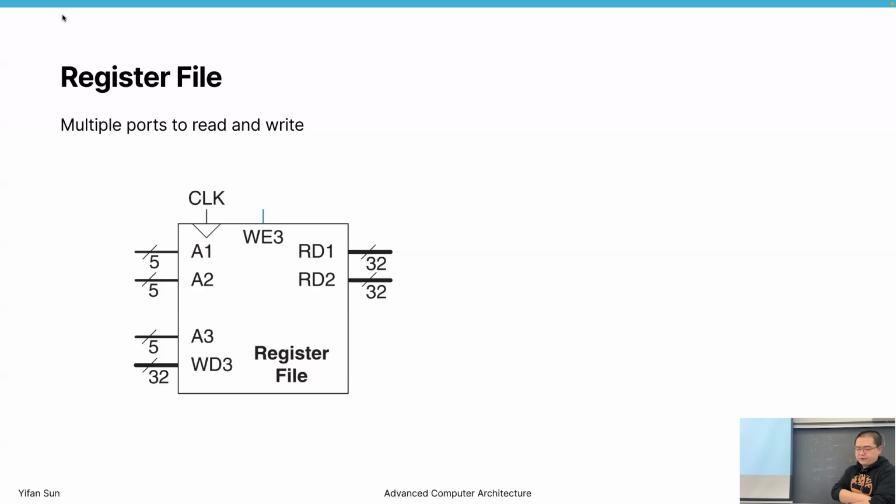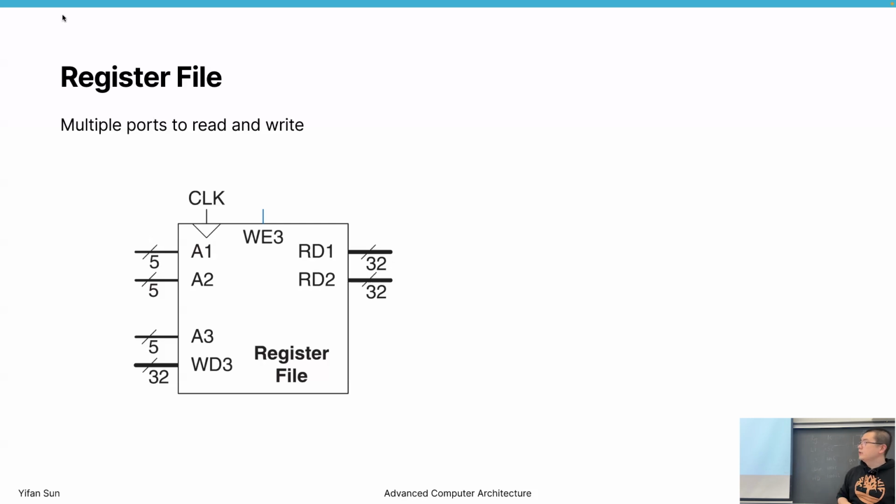Then we talk about register file. The register file is more likely to be part of the core design. For the register file, we're not only talking about capacity and latency. We start to consider parallelism or concurrency. So we cannot only read one piece of data from a register file. We want to provide data as soon as possible, so that multiple reads and writes can happen at the same time.